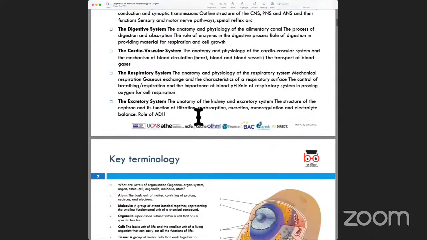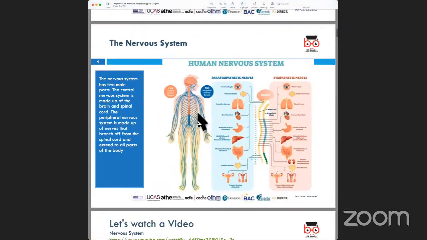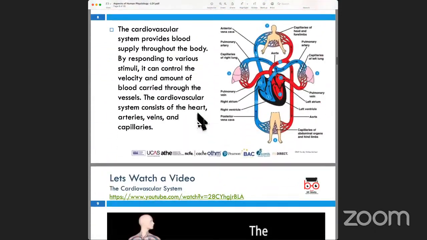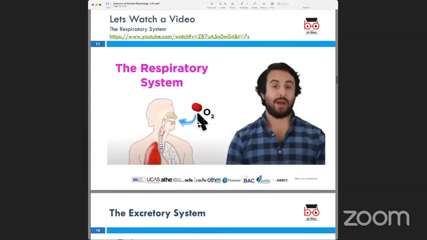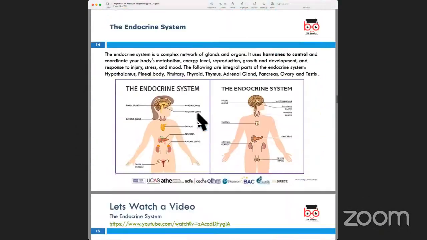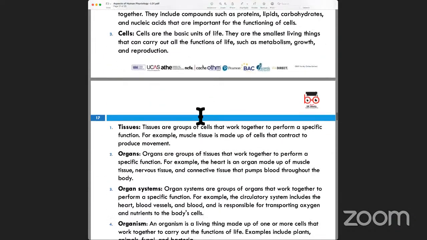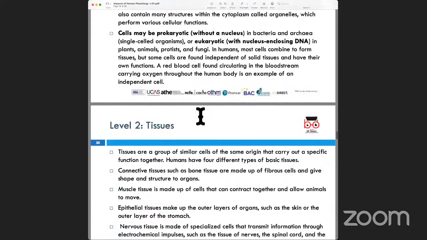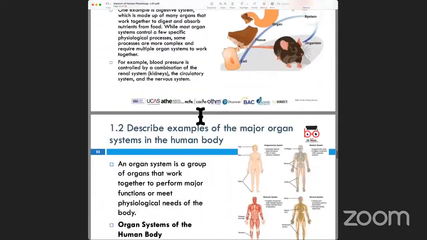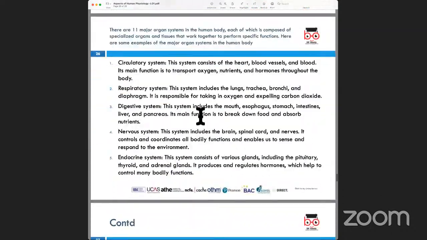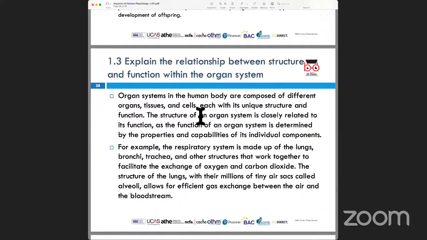So that part allowed us to cover most of the aspects of learning outcome 1, including the 4 assessment criteria that we have gone through in terms of understanding the cell organization, the different levels of organization of cells in the organism, and then we have gone into understanding different types of systems, which have assessment criteria like describing the major types of organ systems in the human body, and then we went into the relationship between the organ and the organ system.